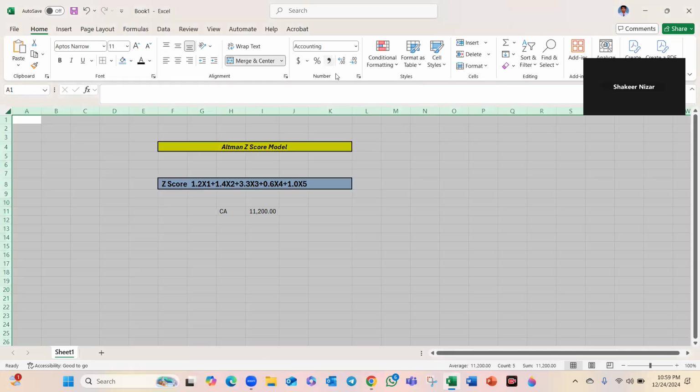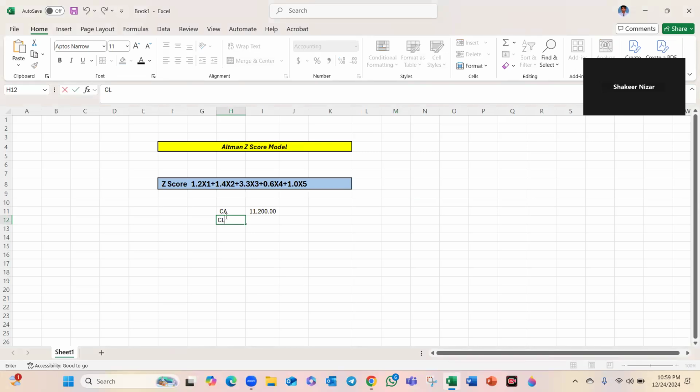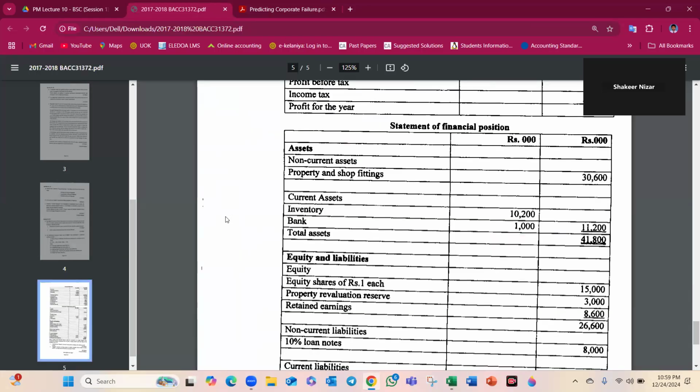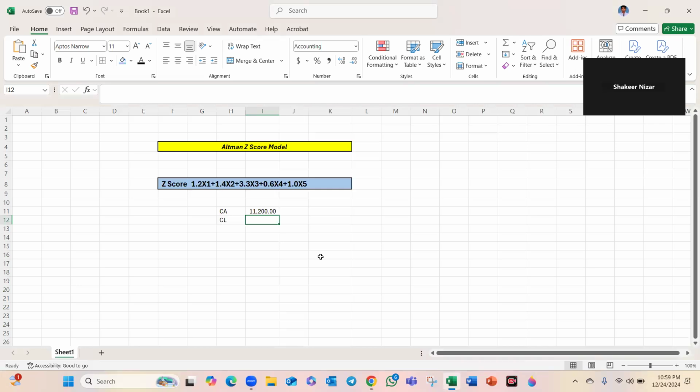I will put here current liabilities. Current liabilities are, you can see here, 5,400 plus 1,800. So the net working capital, current assets minus current liabilities, is 4,000. It's clear, right?